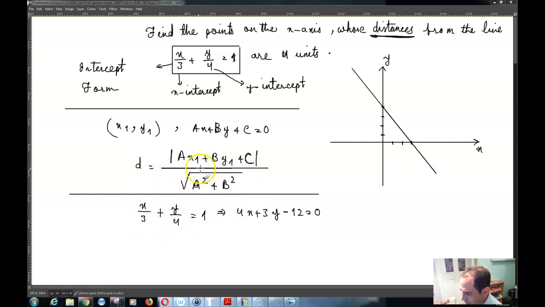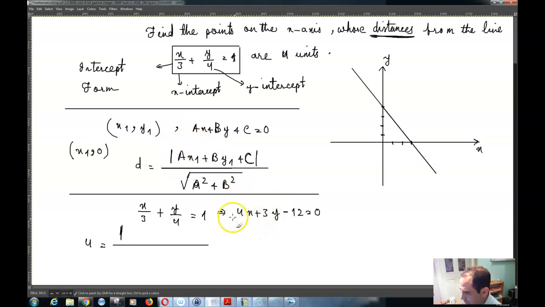Since the point is supposed to be on the x-axis, the y-coordinate of that point is 0. So this point becomes x1 comma 0. I write d, which is equal to 4 units. 4 is equal to the absolute value of a times x1.